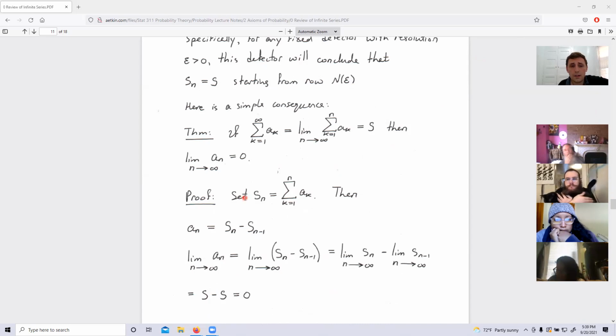So if s sub n is the nth partial sum, then a sub n is the difference between the nth and the n minus 1th partial sum. Yes, do you see that? In other words, to get to the point an, I can add up all the way to an and subtract everything added up to a sub n minus 1.